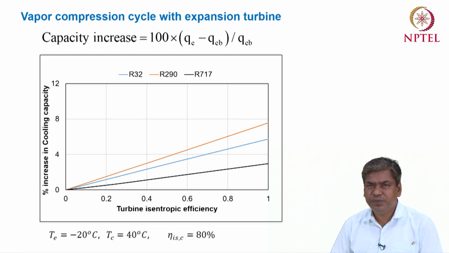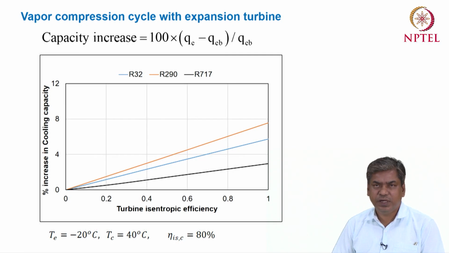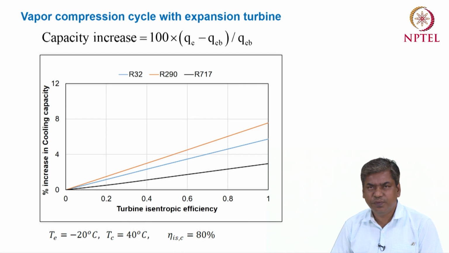So, this graph basically shows how your cooling capacity varies with respect to the turbine efficiency. Obviously initially it is 0, because this is the isenthalpic process, so there is no work produced by the turbine. So, for this case the improvement of the cooling capacity is equal to 0 initially.